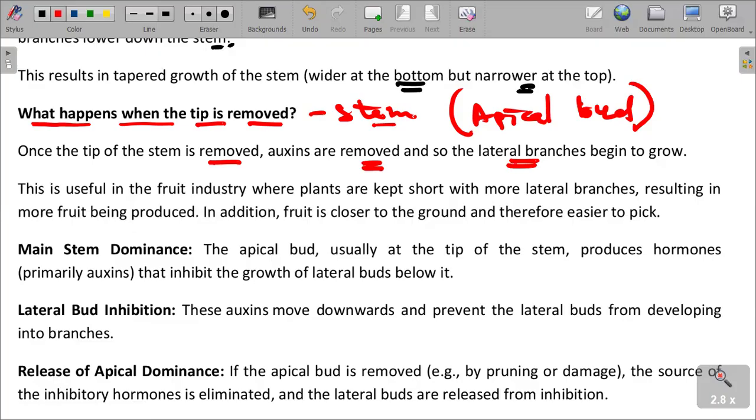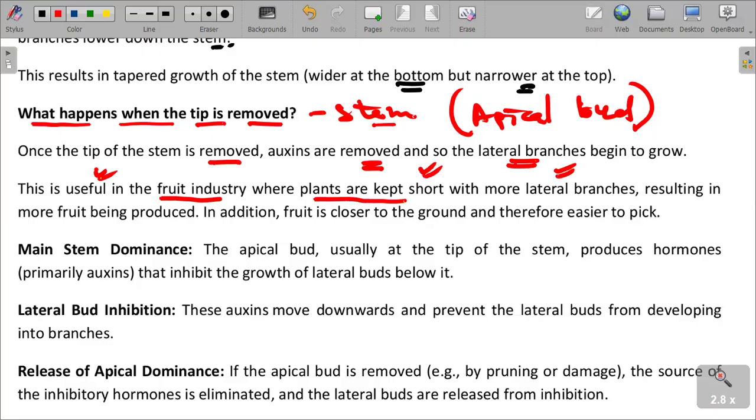When the tip is removed, it is very useful in the fruit industry, where plants are kept short with more lateral branches.